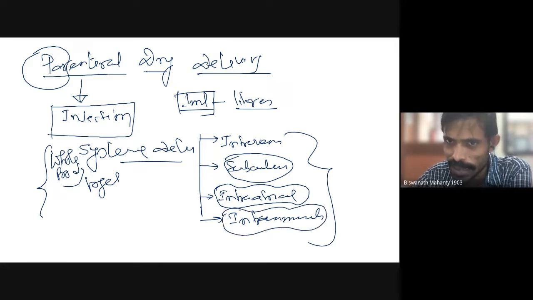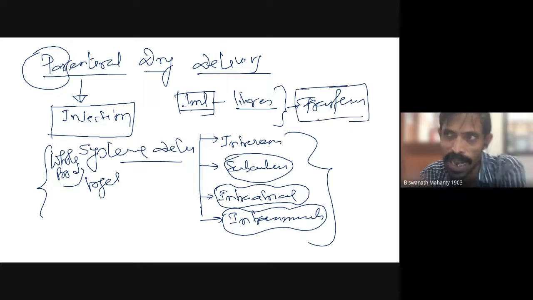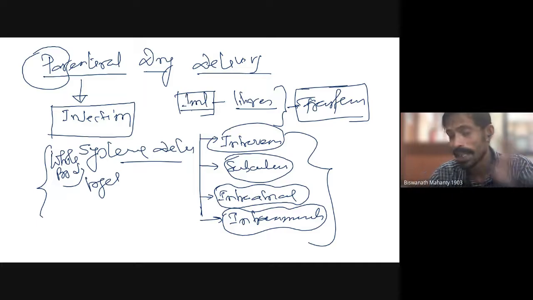Basically these doses are normally within 1 ml to a few liters. When I give a few liters, that is called transfusion. Normally we use dextrose saline for people with these kinds of delivery. Otherwise these forms mostly take 1 ml to 2 ml, or even less than 1 ml, injected through these routes. Now what is the difference?